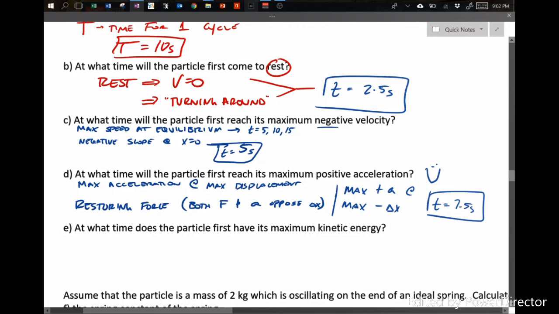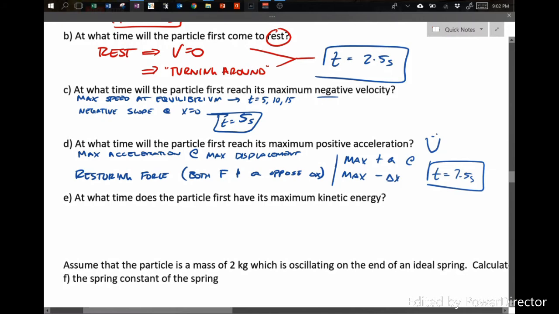At what time does the particle first have its maximum kinetic energy? So, maximum kinetic energy occurs at maximum speed because we know that kinetic energy is 1/2 mv squared. So when the speed is the biggest, the kinetic energy is the biggest.